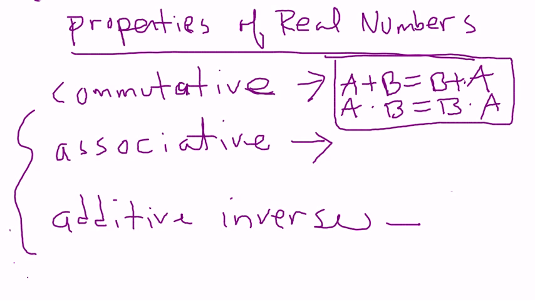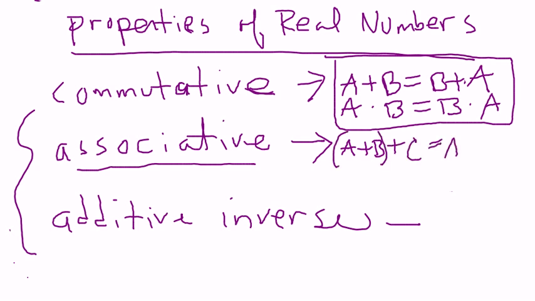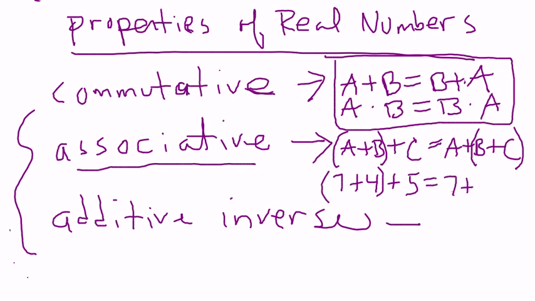Now let's think about the associative property. That may not be as believable. Do we believe that (A plus B) plus C, with these in parentheses, is equal to A plus (B plus C), with these in parentheses? So think about numbers. Is (7 plus 4) plus 5 the same thing as 7 plus (4 plus 5)?